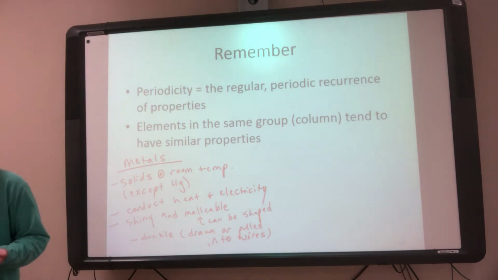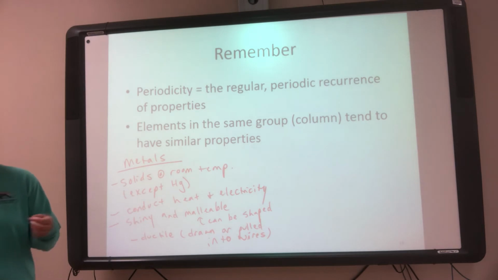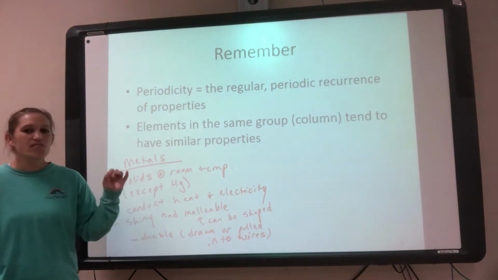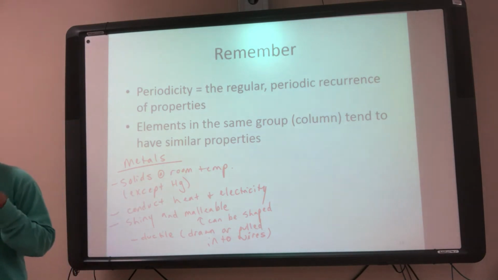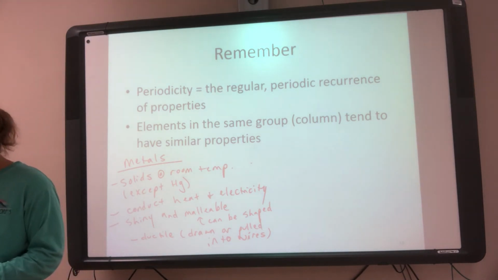Now, one of the properties of metals that we're going to talk about a lot, and remember we talked about this a little bit when we talked about ions, is that metals like to lose electrons. If you lose an electron, that means you form cations.